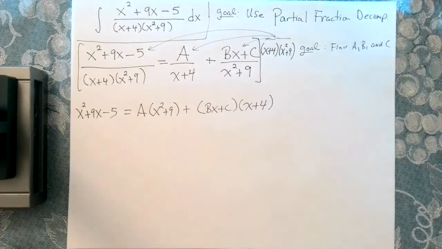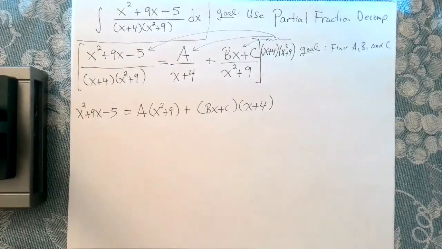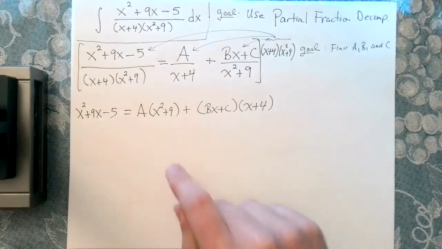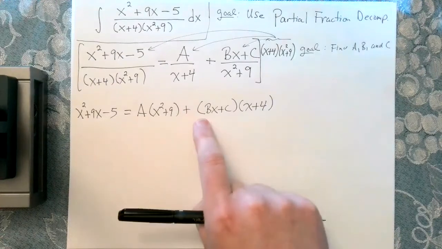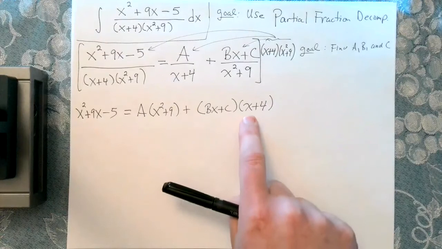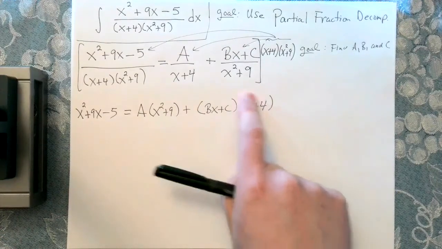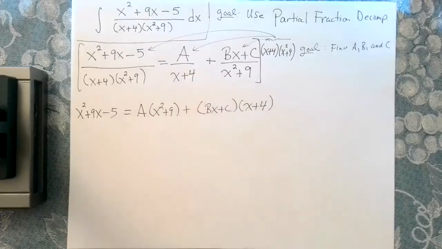Okay, so the next thing we want to note is this equation is true for any x. So what we want to do is pick convenient x's that will allow us to find as many of these a, b, and c as possible. Well, notice if x is minus 4, this will drop out and I can solve for a.